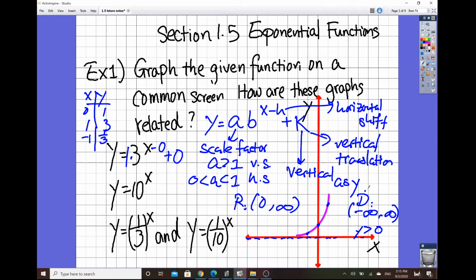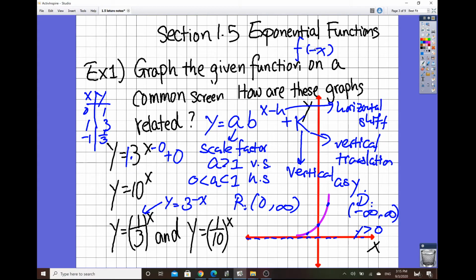Now for the rest of this, I want to show you on the calculator so you can compare. This one, 3 to the power of x, is exponential growth. 10 to the power of x is another exponential growth model. And 1/3 to the power of x can be written as y equals 3 to the power of negative x. As you can see, the negative is right next to the variable, so that means it's reflected over the y-axis.